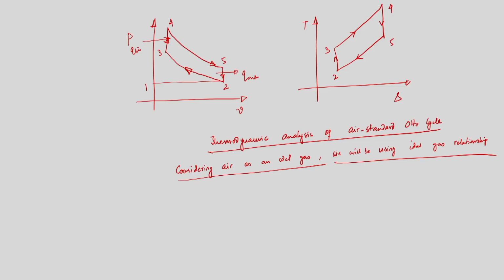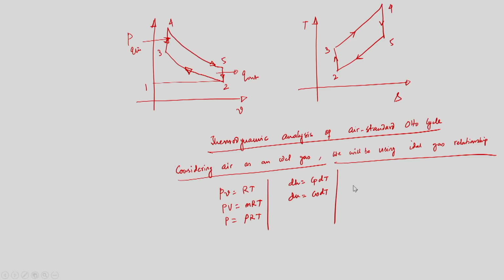I am just recapitulating because that is what we have learned in thermodynamics. So, that is PV is equal to RT, capital PV is equal to mRT, P is equal to rho RT, then dh is equal to Cp dT, du is equal to Cv dT.